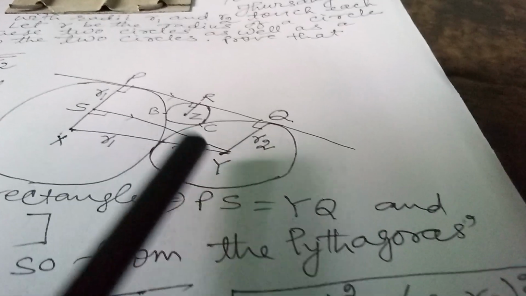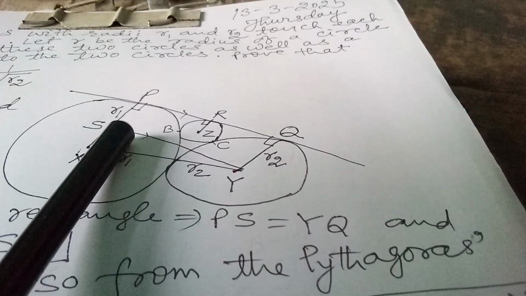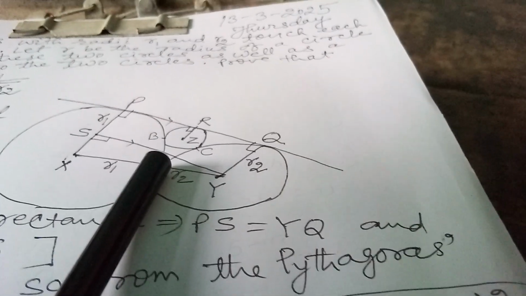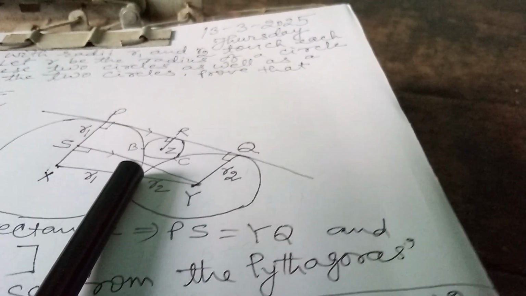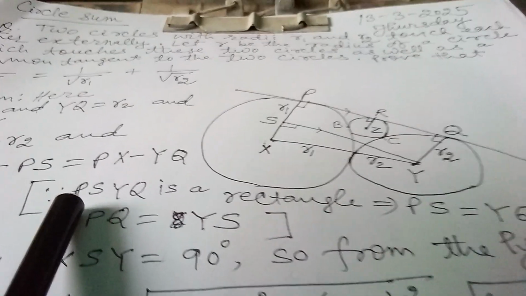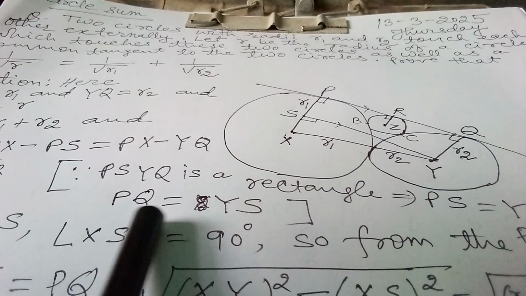So PSYQ becomes a rectangle in which each angle is 90 degrees and opposite sides are equal. This implies PS equals YQ and PQ equals YS.